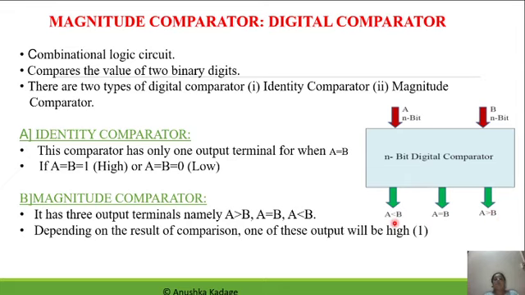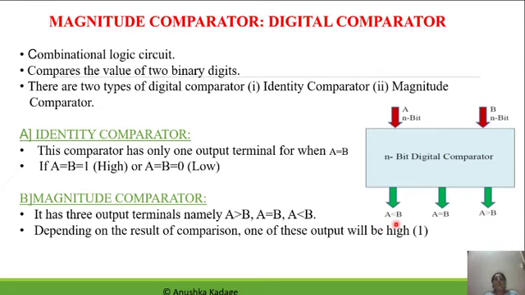But if the presented A value is less than B, then only the output corresponding to A less than B is presented as 1, while the other two outputs will be 0. In a similar way, if the presented A value is greater than B, only the A greater than B output will be 1 and the other two will be 0.